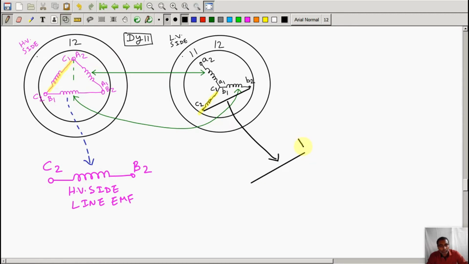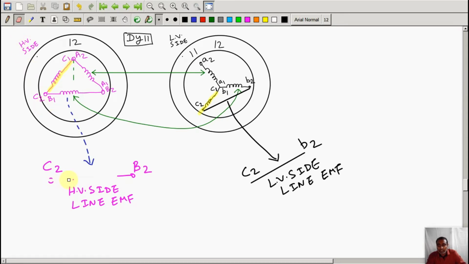So this is your B2, this is your C2, and this is your LV side line EMF or line voltage. Just to keep the parity, we will not show these windings here, we will simply indicate the phasor. So let me indicate the phasor, that way it will be better.